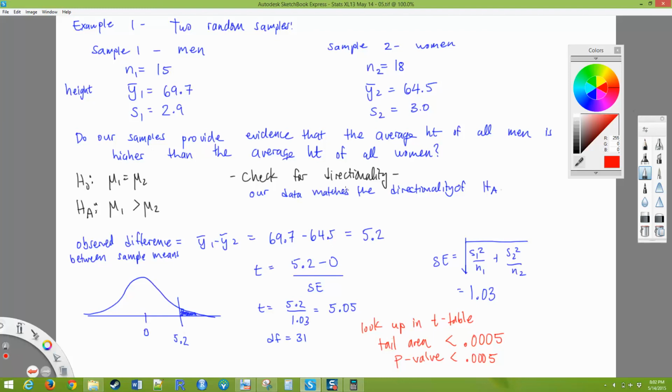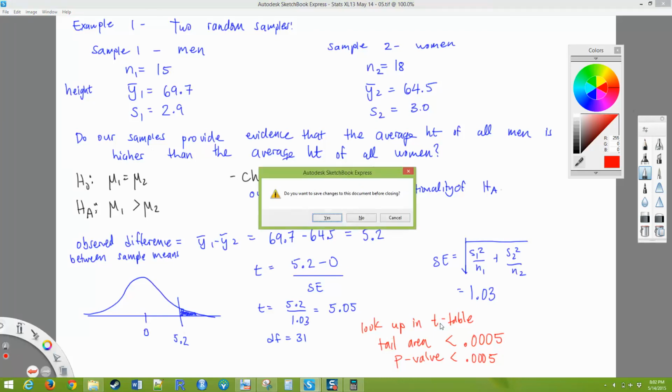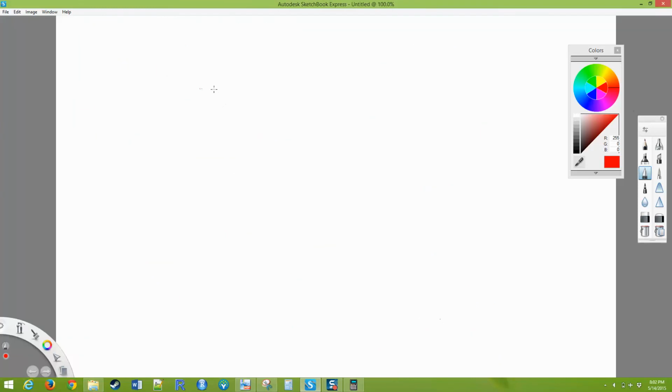Okay, so our conclusion then. Our p-value, again, was less than 0.0005. So I guess I'll write that.